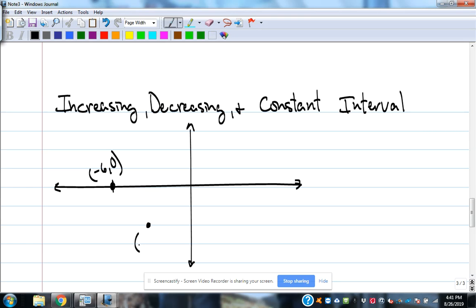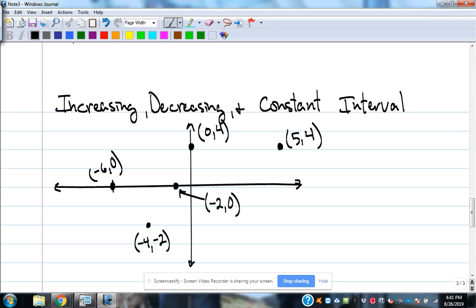This point is at -4, -2. This ordered pair right there is at -2, 0. That ordered pair up there is at 0, 4. That ordered pair is at, let's do 5, 4.